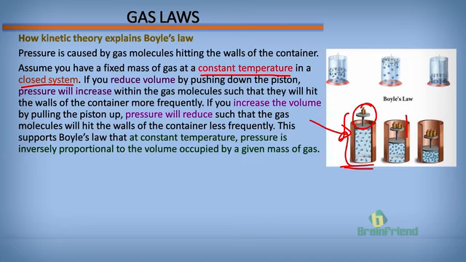Now, if this piston was pushed down, as we see in the second vessel, we are reducing the volume of the gas container. So if we reduce this volume by pushing down the piston, pressure will increase within the gas molecules so that they will hit the walls of the container more often.